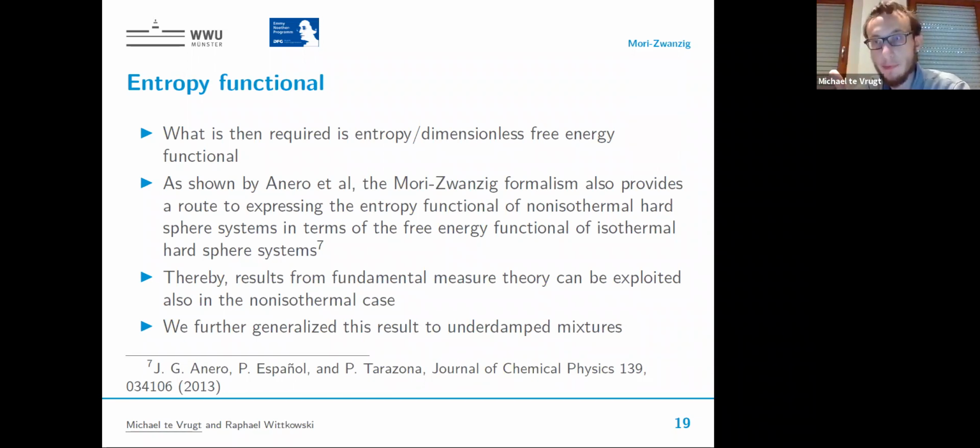That means if you know the free energy functional of hard spheres in equilibrium, and we know this quite well from fundamental measure theory, then by theorems of this form, we can infer the entropy functional of non-isothermal, non-equilibrium systems. This, of course, is a very fascinating result, I think, because it really extends the range of applicability of fundamental measure theory to the non-equilibrium case. We can then further generalize this result to underdamped mixtures. This will also be shown in our forthcoming article.